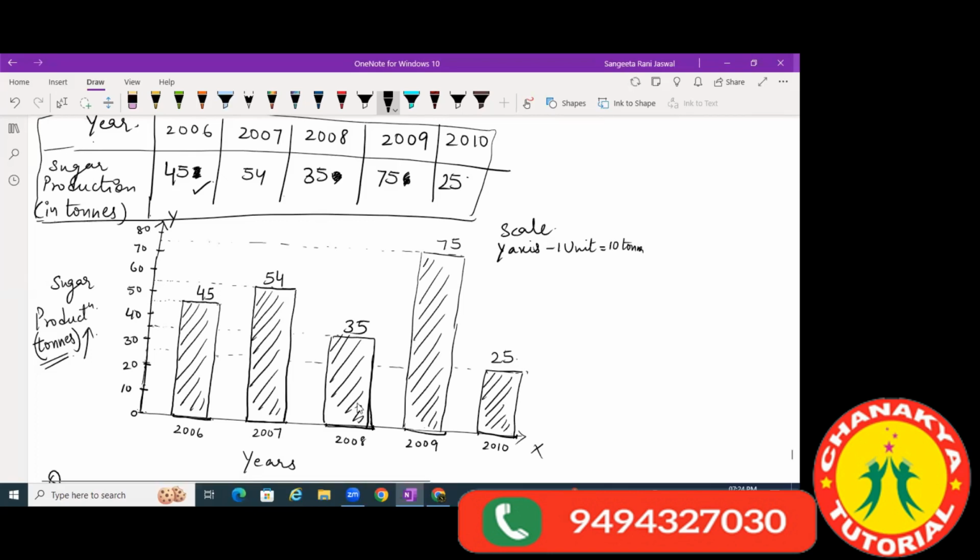And on the x-axis, I have taken 1 unit as 1 year. And the gaps are also equal here. From 0 to here there is 1 unit. From here to here, there is 1 unit gap. Here also 1 unit gap. Okay?